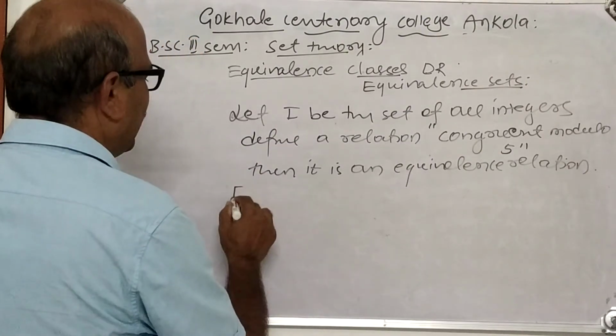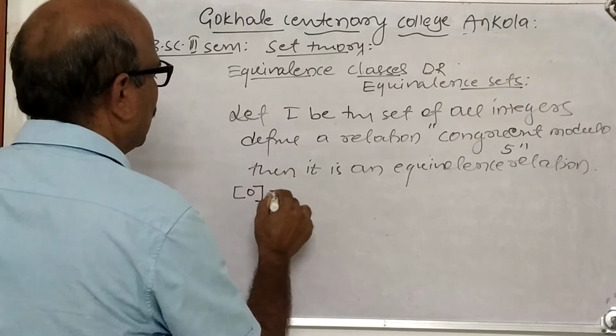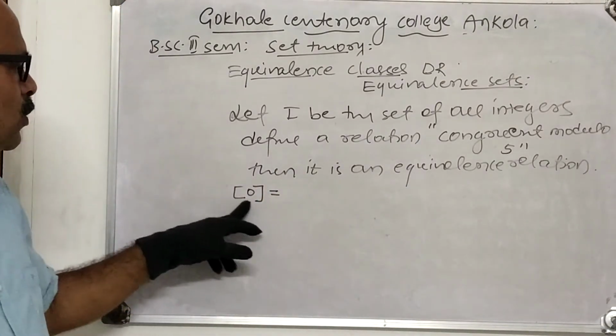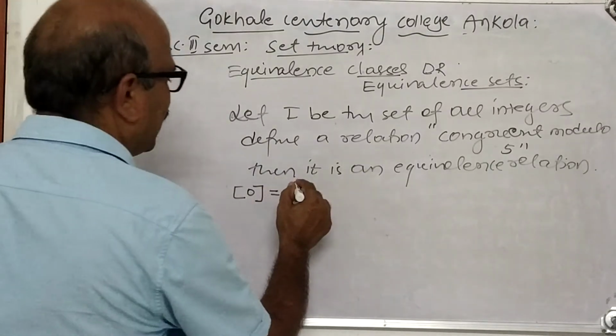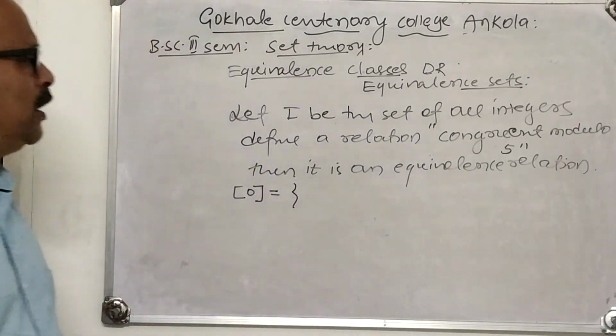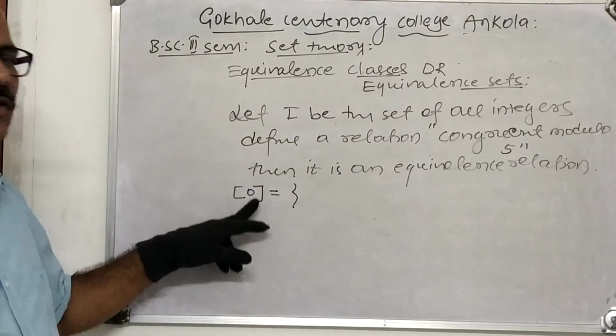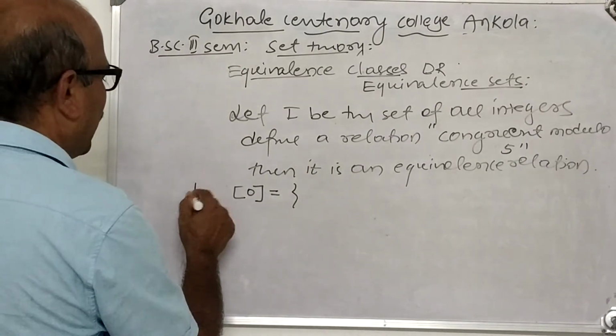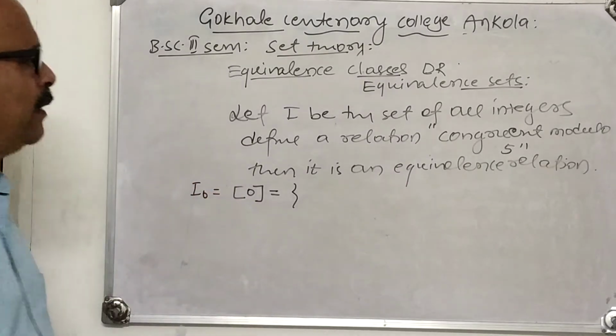Now, I define this set like this. Suppose 0, all the integers which are congruent to 0 mod phi, is denoted by this [0], or I0. Understand?